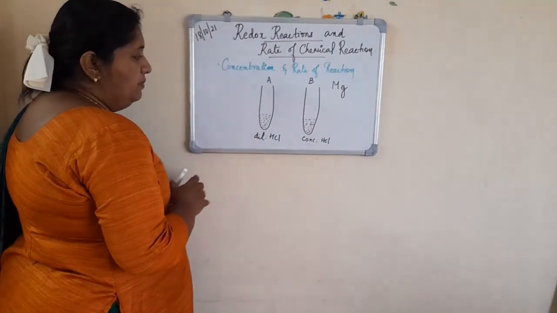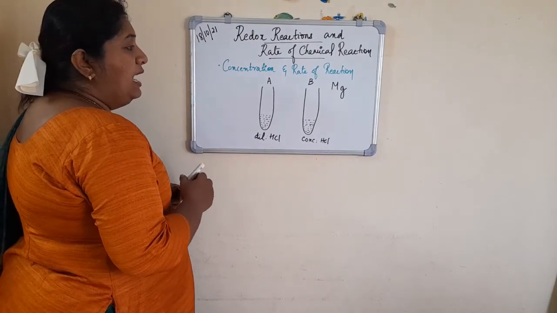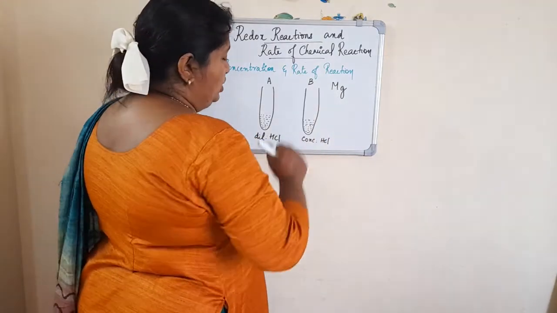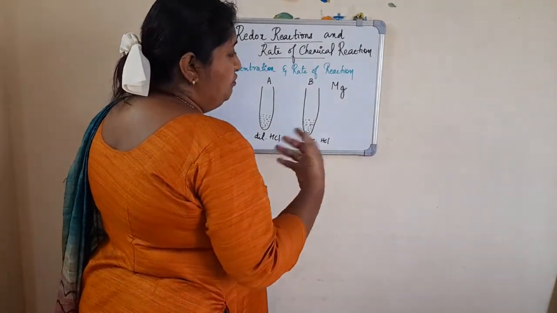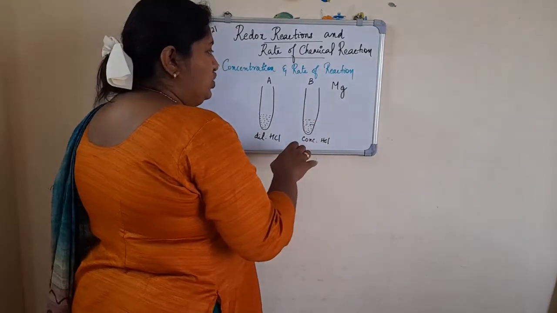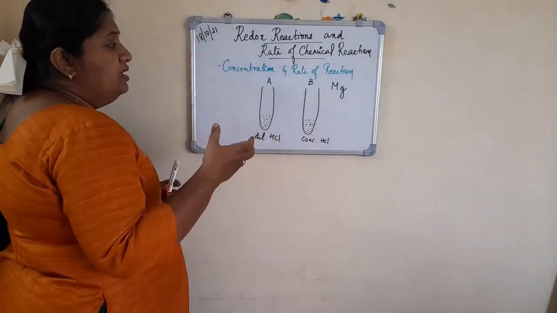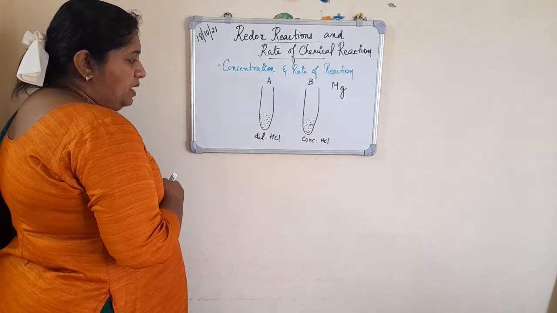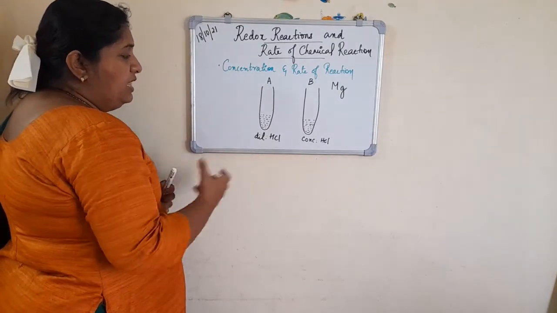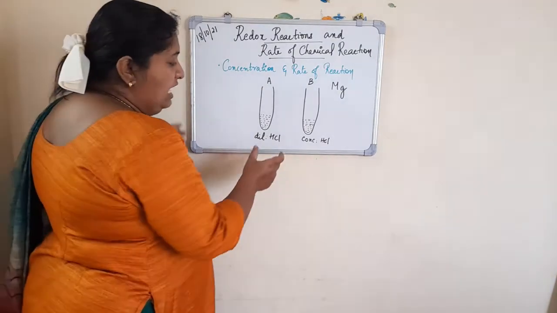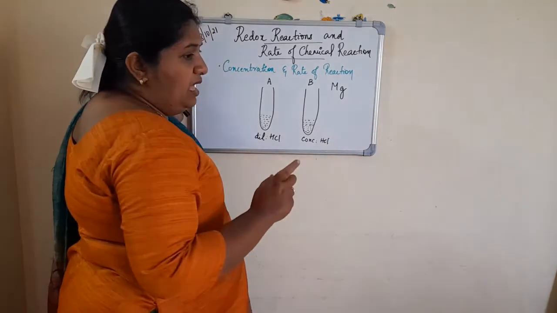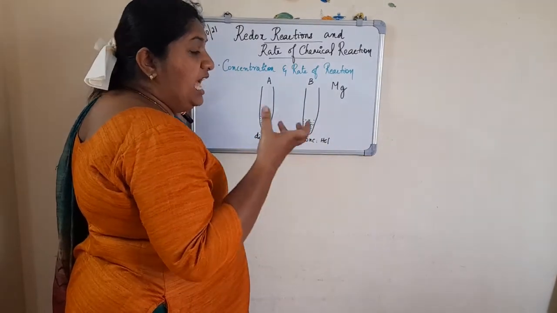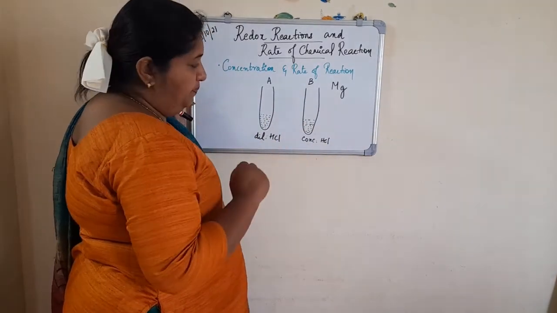In both of them I am adding this metal magnesium, and then we are going to find out in which test tube the reaction has occurred faster. So before going into that, I want to ask you something. In which among these test tubes will the concentration or the amount of HCl be more?